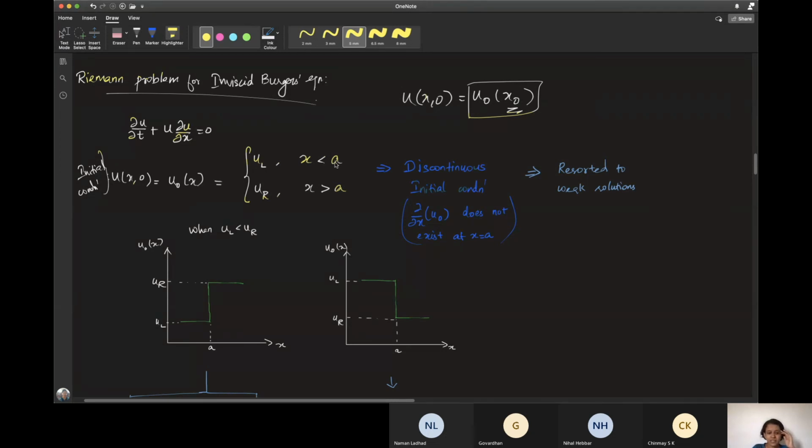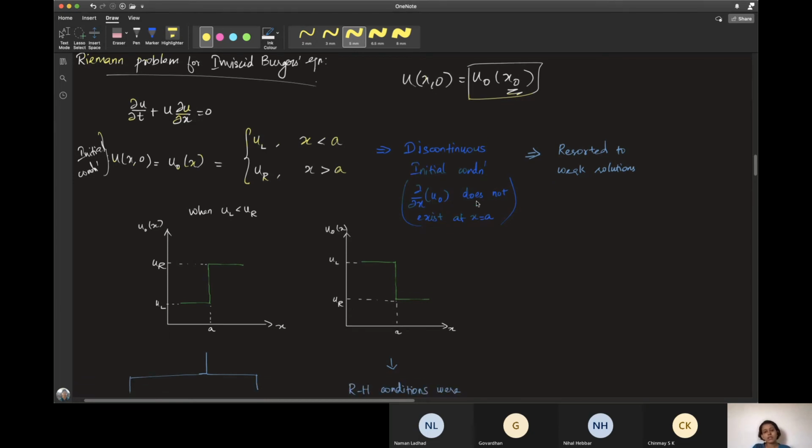That is, you identify some point, and to the left of the point you assign a different value, and to the right you assign a different value. That way the curve becomes discontinuous, in the sense that the derivative, dou by dou x of u naught, does not exist at x equals a. Because of this discontinuity, we resorted to weak solution.